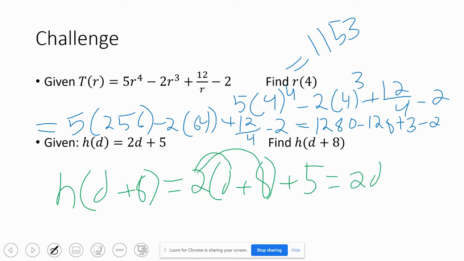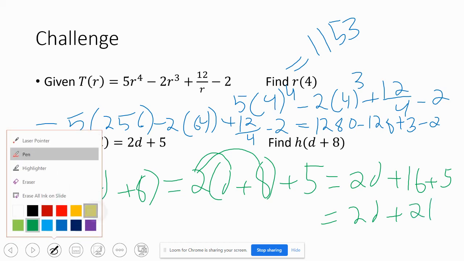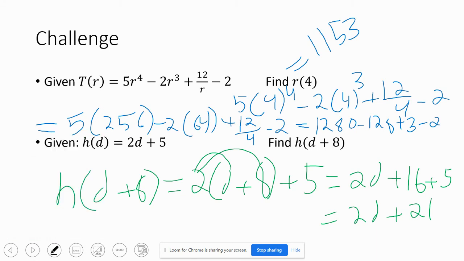Get 2d plus 16 plus 5, which is 2d plus 21. You could theoretically leave your answer like this, but most teachers and students prefer to simplify. Take a minute to copy anything down, and we'll go on to the next slide.